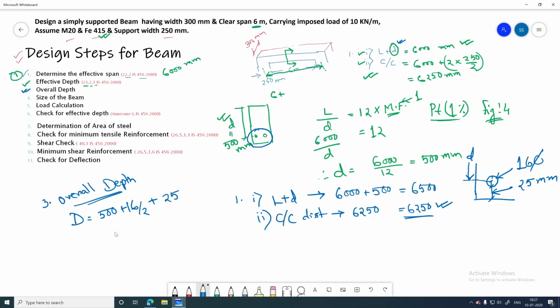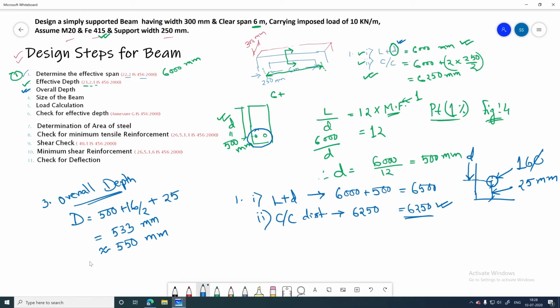Ultimately I got 533 mm. It looks odd, because at the time of construction, if you make it 550 mm, it will be easier to execute, right? So that is why we consider the value 550 mm. And it is also safe.